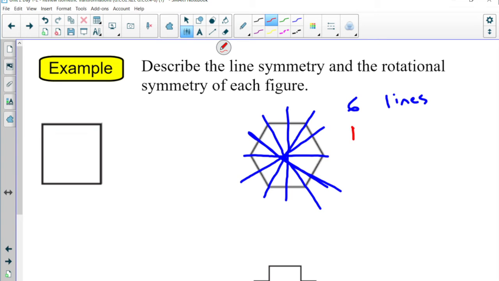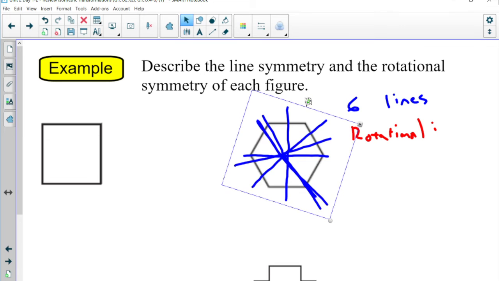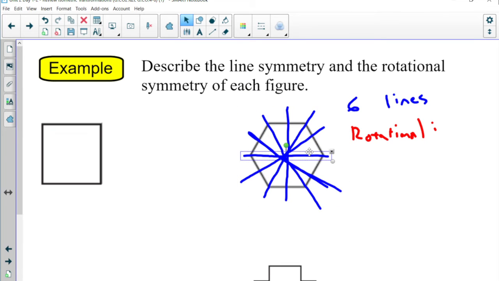And then for rotational, we're going to look at how far we need to go before it looks like it originally did. So let's keep track of this here. We're turning the shape. Here it is.